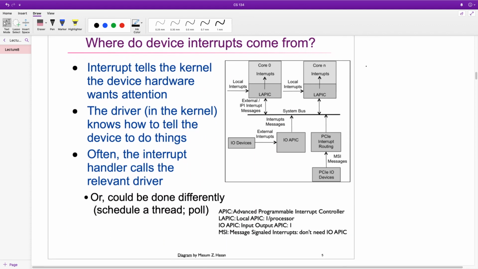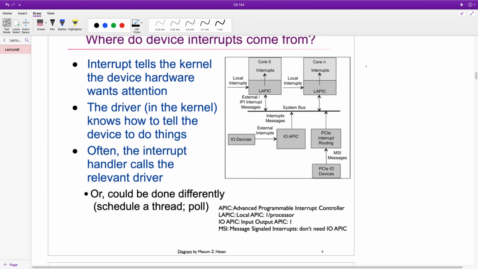So where do interrupts come from? The interrupt is a signal to the kernel that some hardware wants some attention. And there's a driver in the kernel that is responsible for dealing with that hardware. That's just how stuff is normally written. You have a device driver.